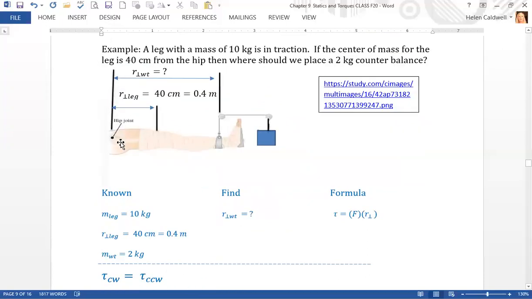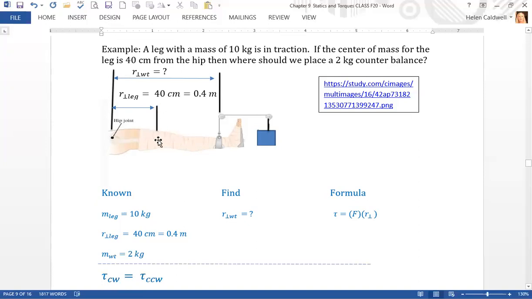Well, before I said those on the right of the pivot go one way, on the left go another. Well, the pivot's right here, and the torque for the leg and the torque for the counterweight are both on the right. So we can't have 0 equal torque 1 plus torque 2. I guess we could, but one of the torques would end up being negative, which it technically is. But we're going to separate them. When you only have 2 torques and they're both on the same side of the pivot, one goes on the right and the other goes on the left.